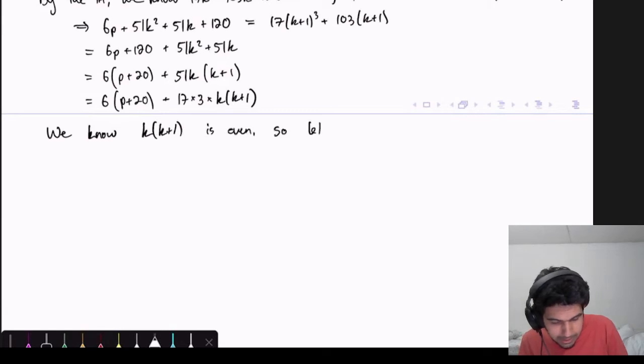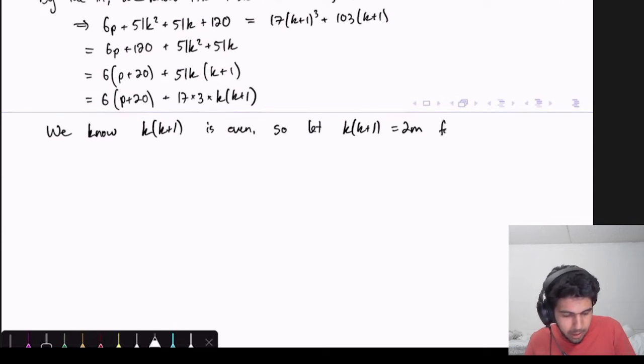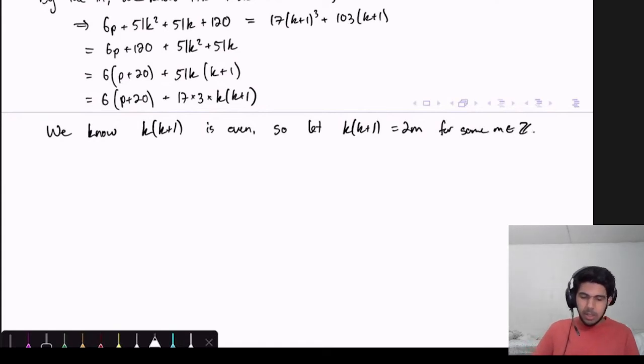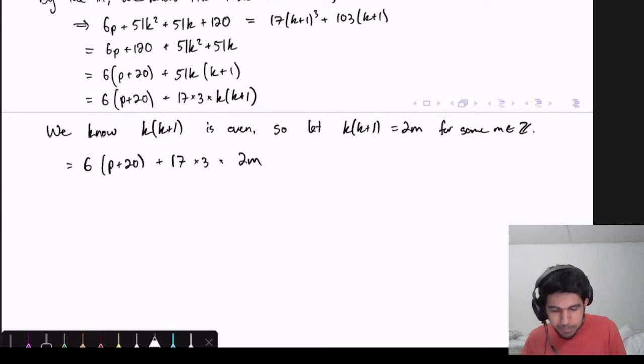So we'll let k times k plus 1 equal 2m, because that's what it means for a number to be even. It can be written in this form, 2 times m, and we'll specify for some m in the integers, right? Okay, so now when we do this substitution, what we'll see is we still have this 6p plus 20, but now we have 17 times 3 times 2m.